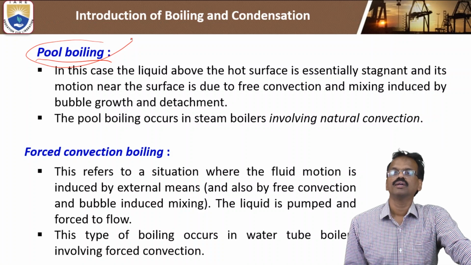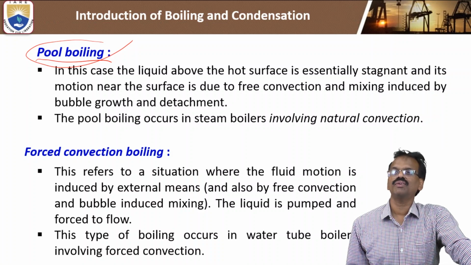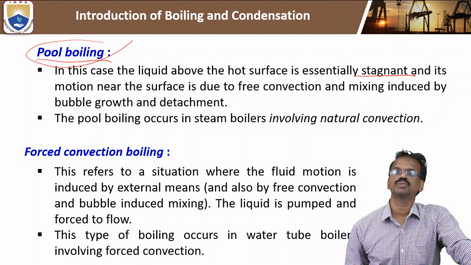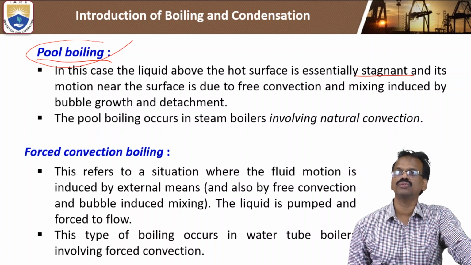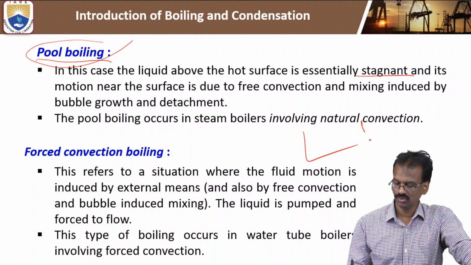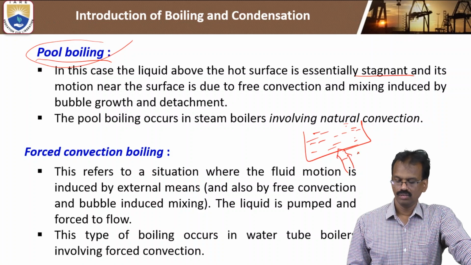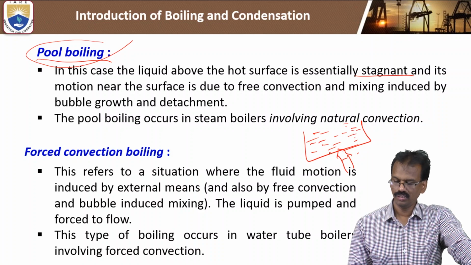We'll see. In this case, the liquid above the hot surface is essentially stagnant, and its motion near the surface is due to free convection. So suppose this is the container, and water is here. If you heat this, the water is in a stagnant position, but heat transfer takes place by free convection.